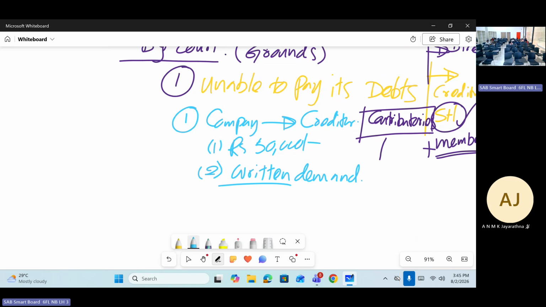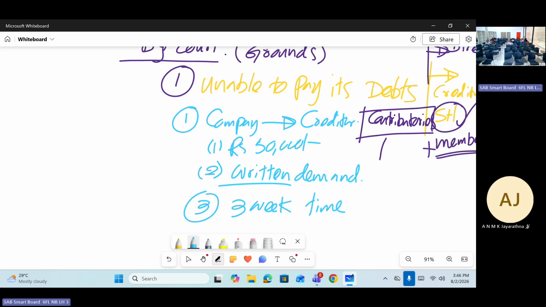Within 3 weeks' time, if this company is unable to settle the money in full, or neglects to settle the money in full, then it is deemed that the company is unable to pay its debts. Very important. Always the questions are related with this unable to pay its debts.